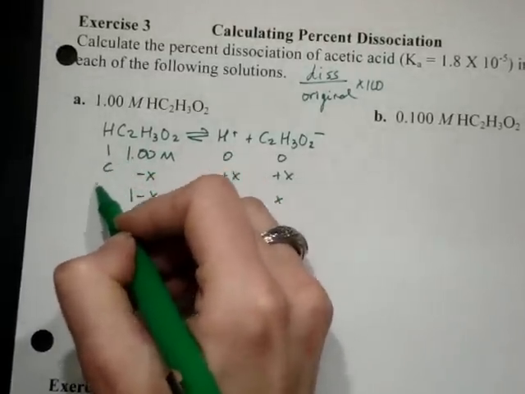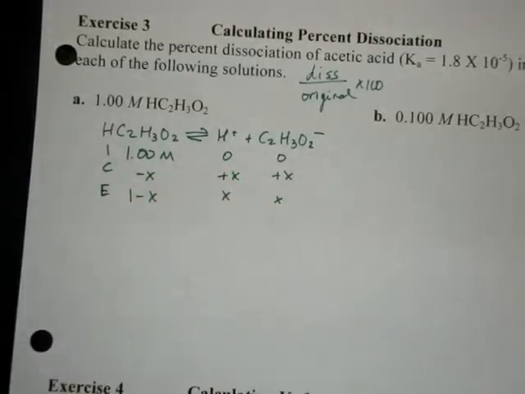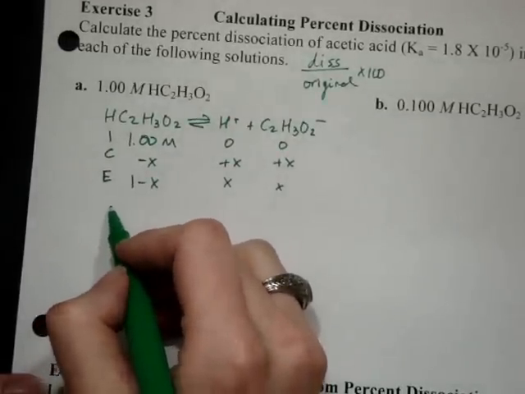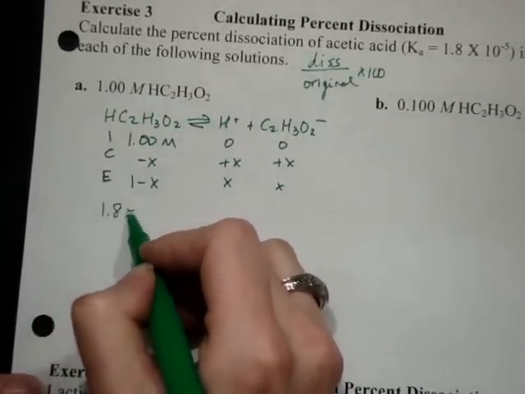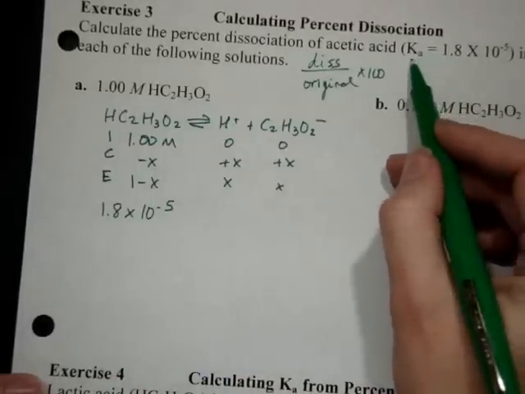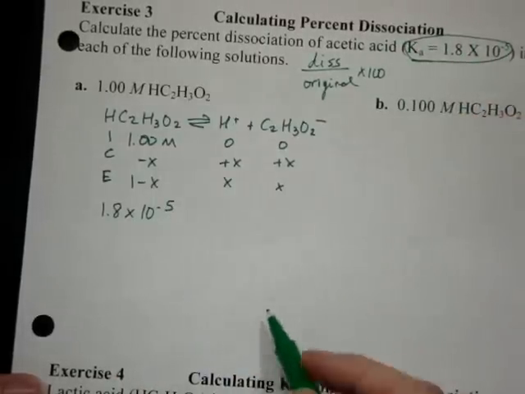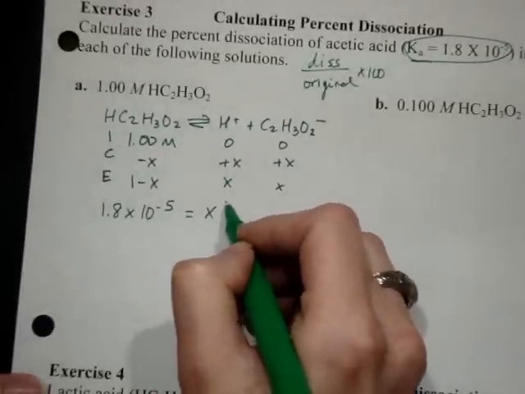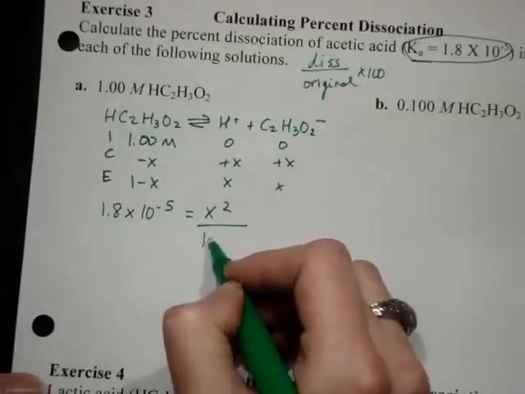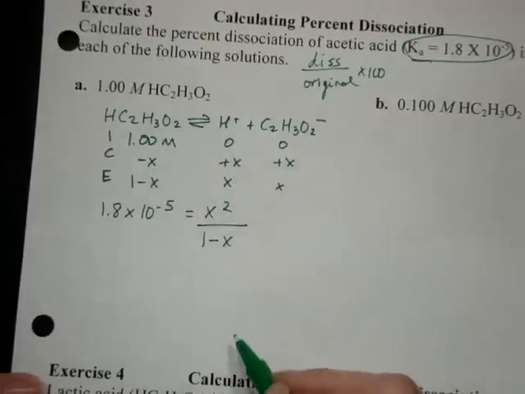So that would be our initial change equilibrium. Next step, of course, is to set it equal to the Ka. Ka is 1.8 times 10 to the negative 5th for the acetic acid. Again, will always be given to you. Equals X squared, hydrogen times acetate, over 1 minus X, the acetic acid.